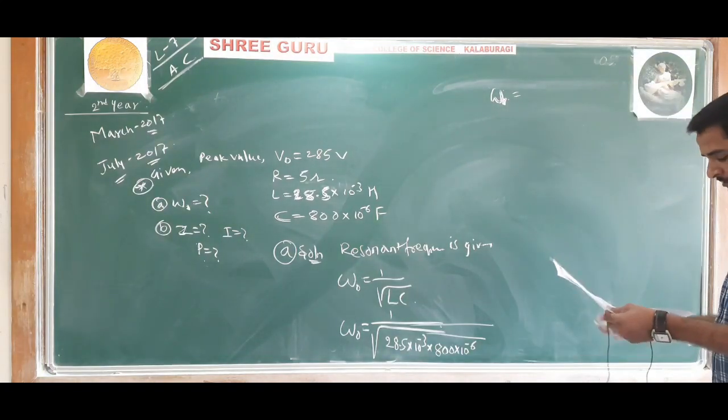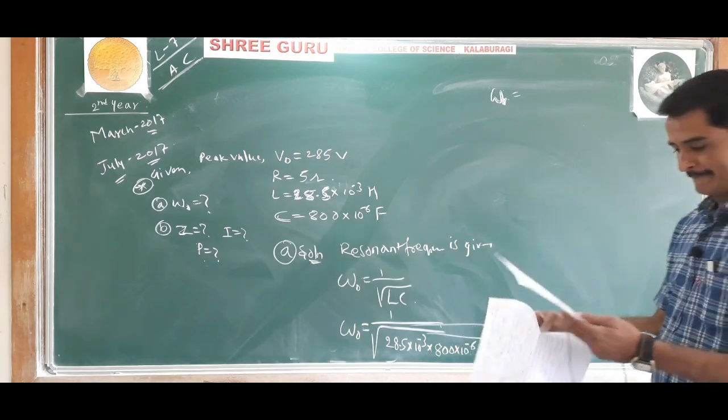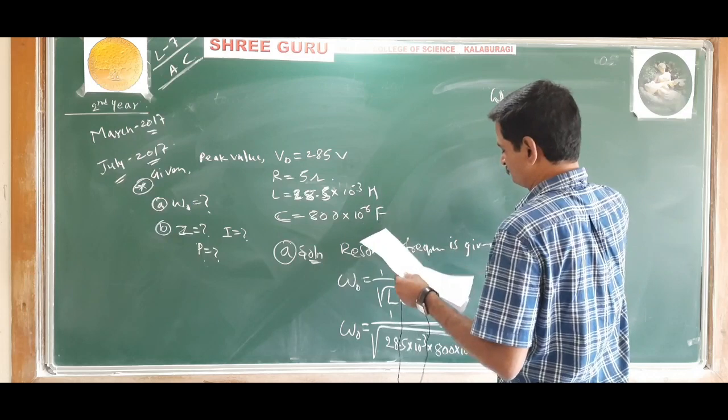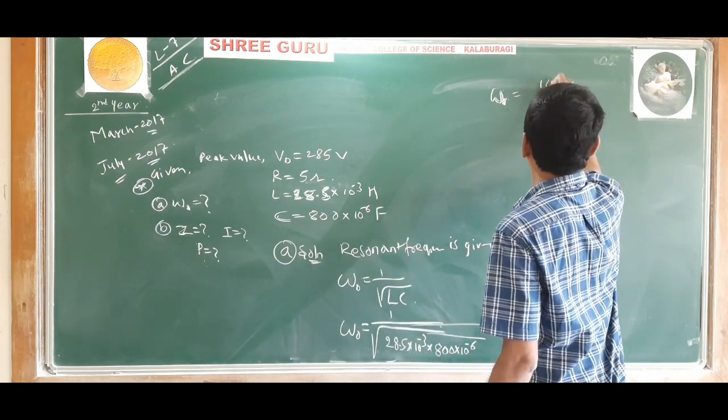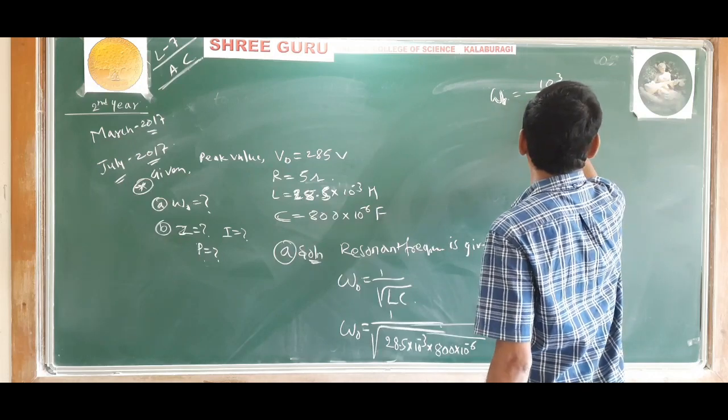Omega naught, I will try to give the answer directly. Omega naught will come to be 10 to the power 3 divided by root of 22.8.